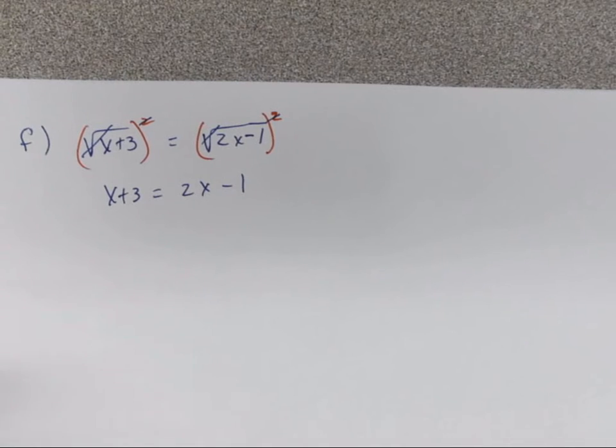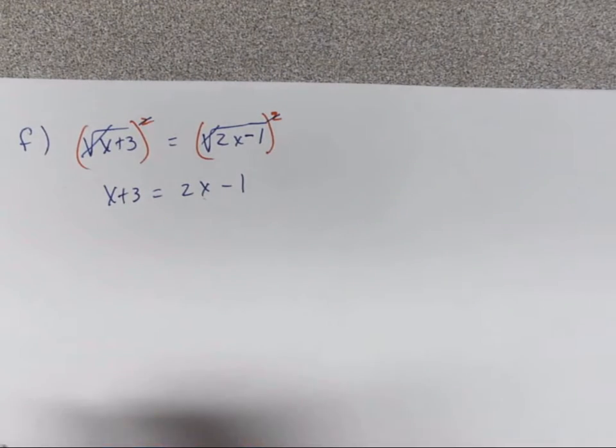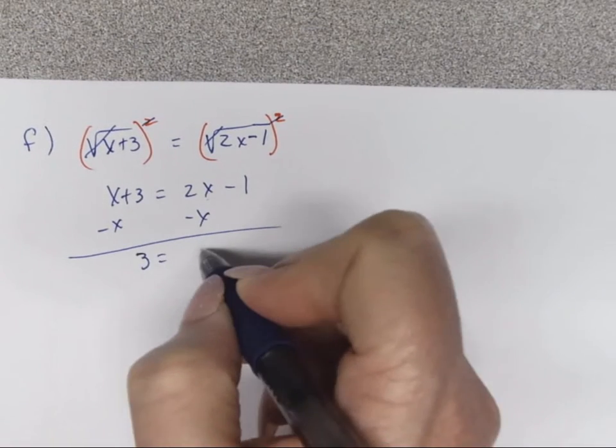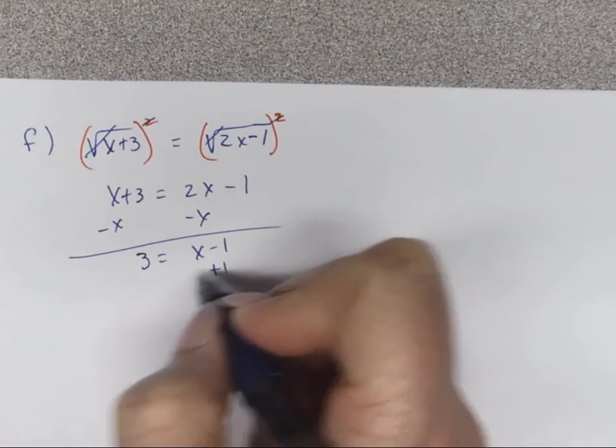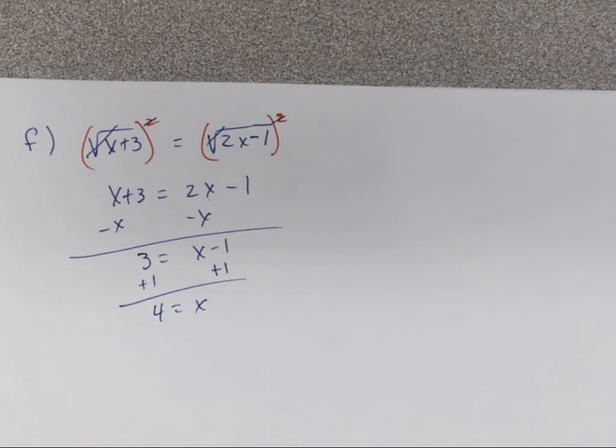Well, I'm going to decide that I want to put my x's on this side so that I have positive x's, and I'll move all the numbers over there. So minus x, we get 3 equal to x minus 1. Add 1, we get 4 is equal to x. All right, so let's check.